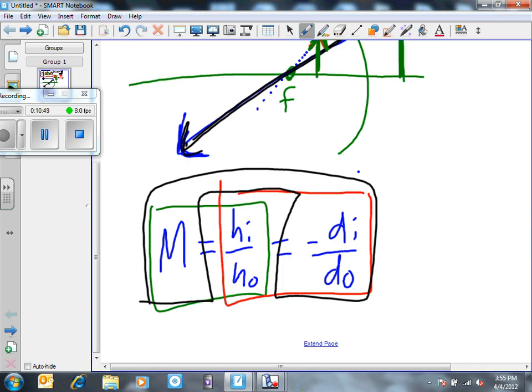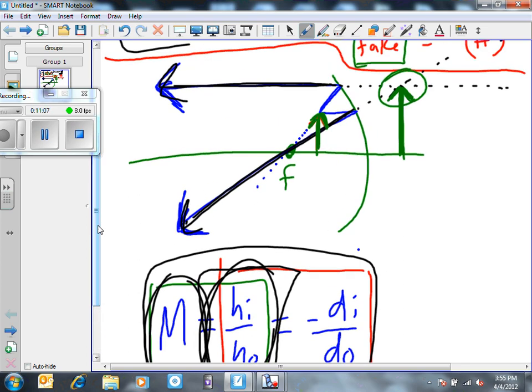Now I want to tell you, the reason why I brought this up for your attention here is because h_i, h_o and magnification don't follow that fake is negative, real is positive convention. What you find with magnification and h_i and h_o is, and you'll see this in the math, if these are on the same side of the principal axis, then both of their numbers are going to be, well, in this case, positive, but they both could be negative too.